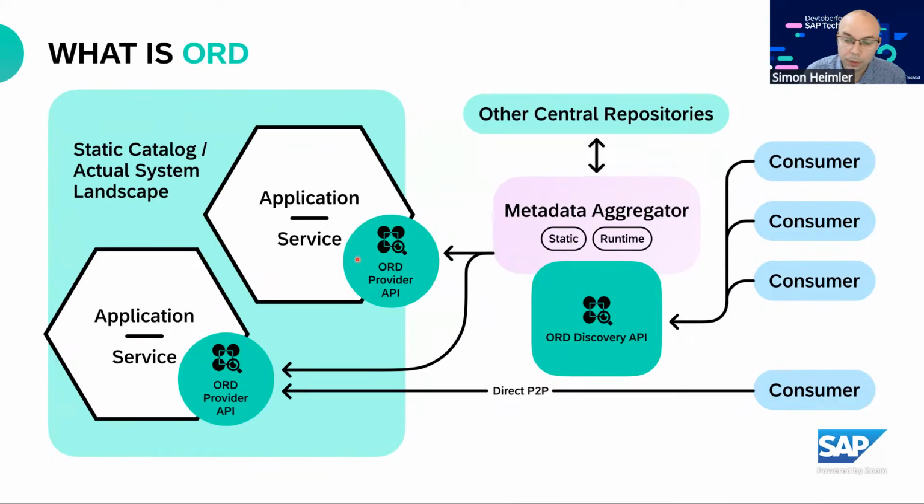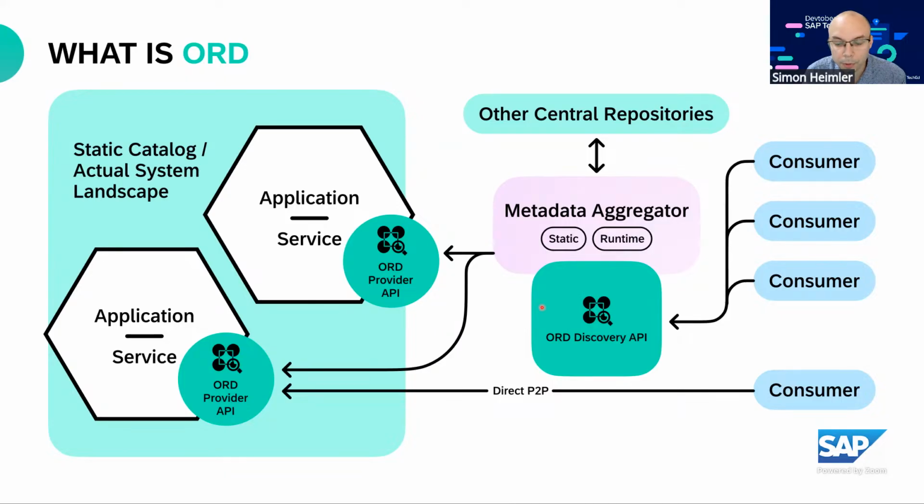If you are now interested in this matter, this is what we call a consumer. Consumers can just go to the aggregator. And this comes from the problem statement before: there's now just one place where they can find everything in one API.